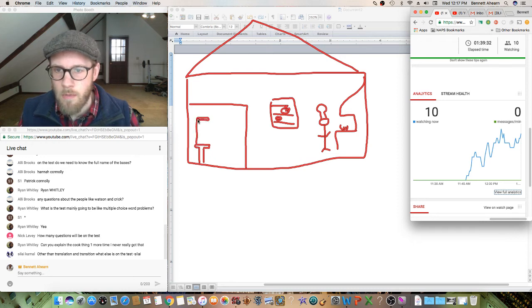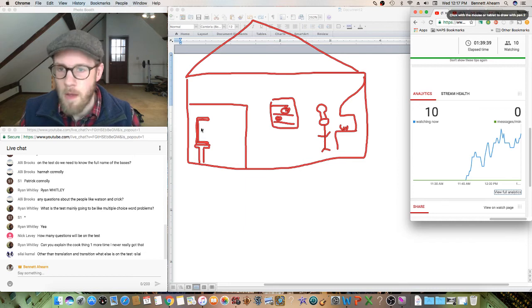In your secret room, you've got a giant cookbook. Let's draw lots of pages; pretend it's got lots of pages. It's a huge cookbook. Now here's the thing: this cookbook is too big to leave this room.